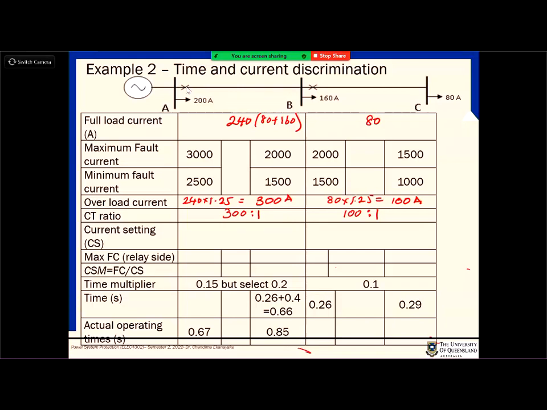Therefore, our current setting is 125%. If 100 amps is the low overloading condition, then the current setting is 125 amps. Current setting means that you can consider it as pickup. They are the same thing.